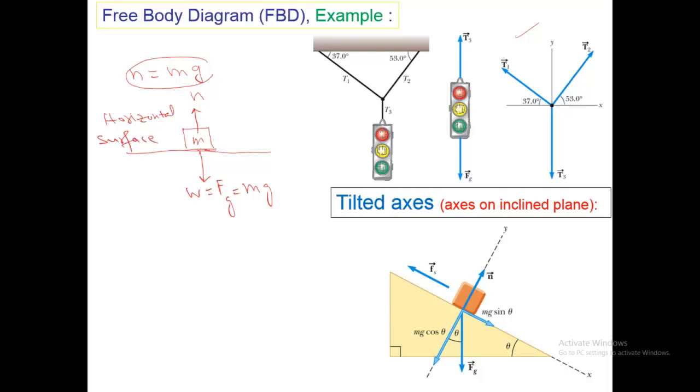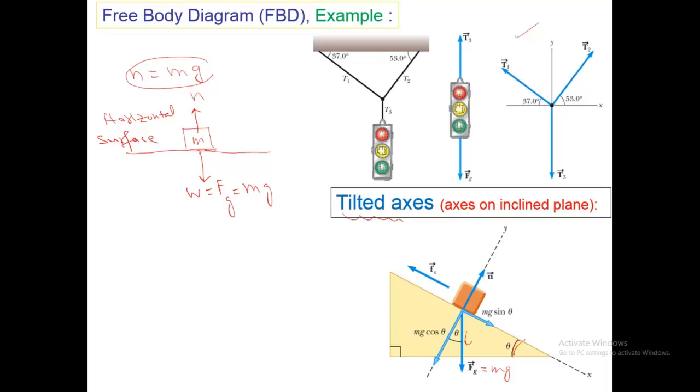But sometimes you are on an inclined plane like this one, where this is theta, right? Weight is always acting vertically downward. Even if you are here on the inclined plane, this direction is your weight, mg. Now we call them tilted axes.